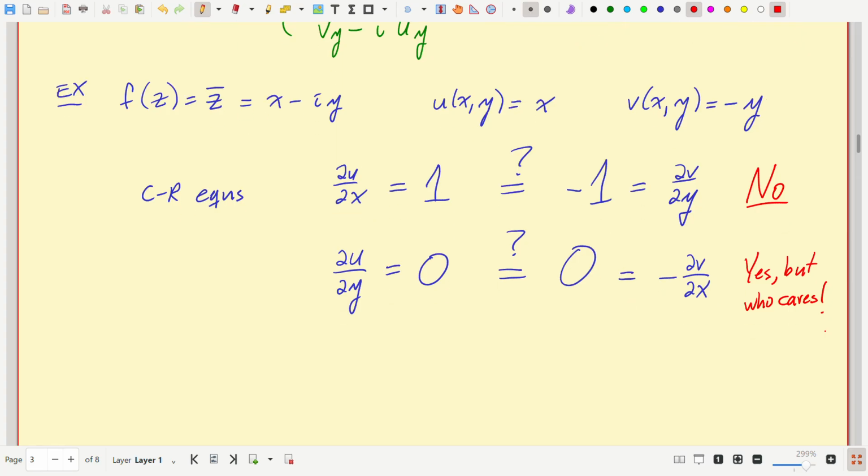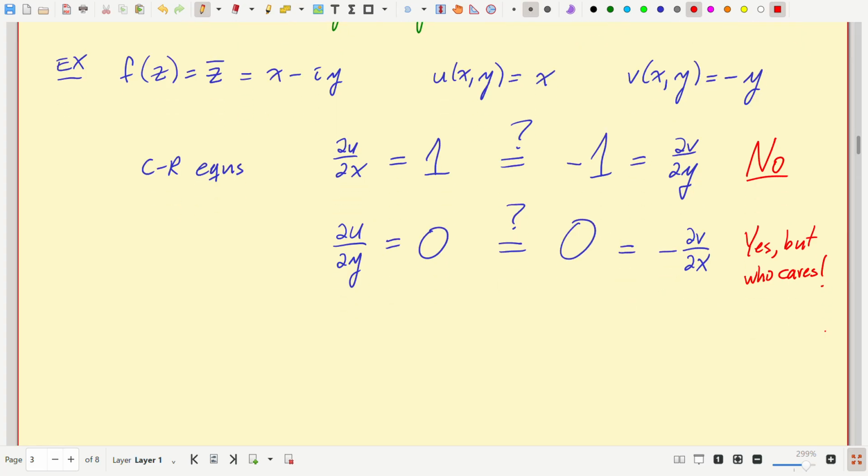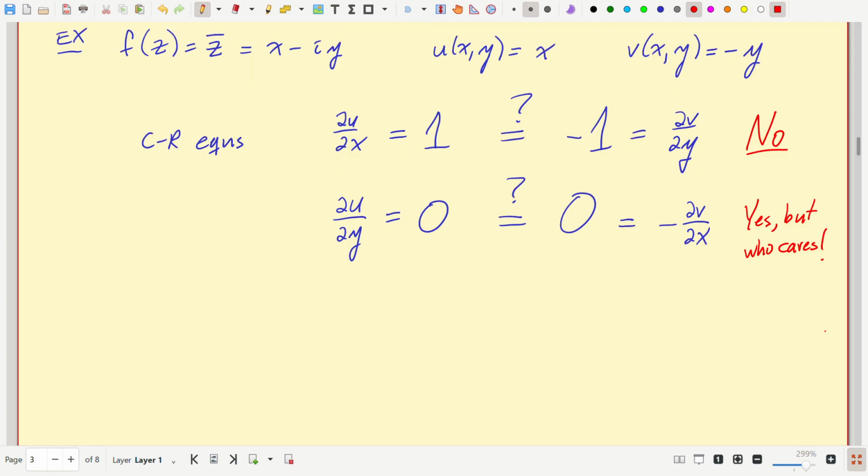Okay, so what I'm using here is the fact that if the function is complex differentiable, then both the Cauchy-Riemann equations hold. So f prime exists implies both Cauchy-Riemann equations hold.